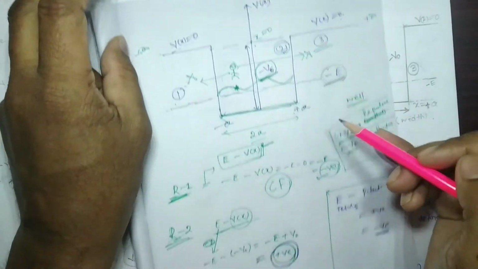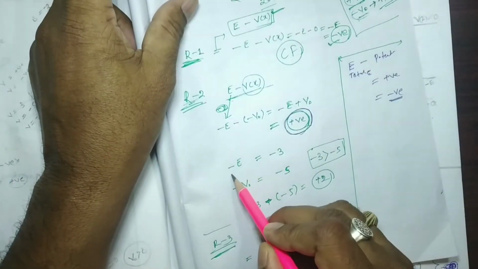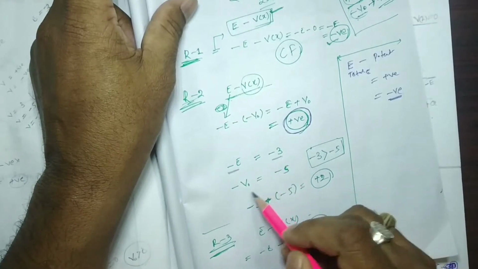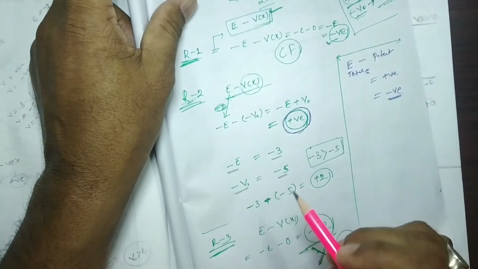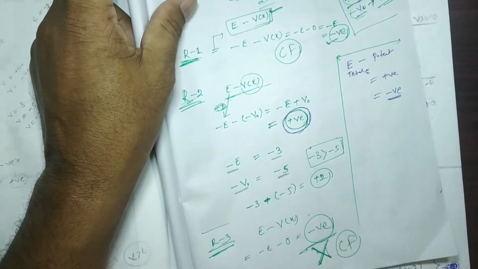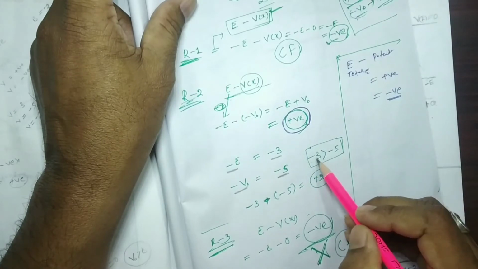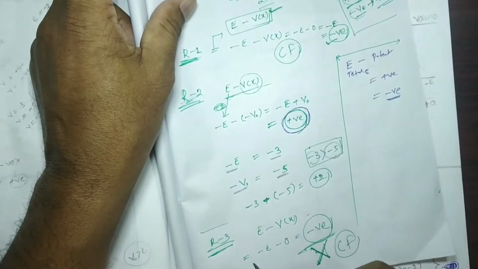We have taken one example: minus E is considered as minus 3, minus V0 is considered as minus 5. So here minus 3 is greater than minus 5.